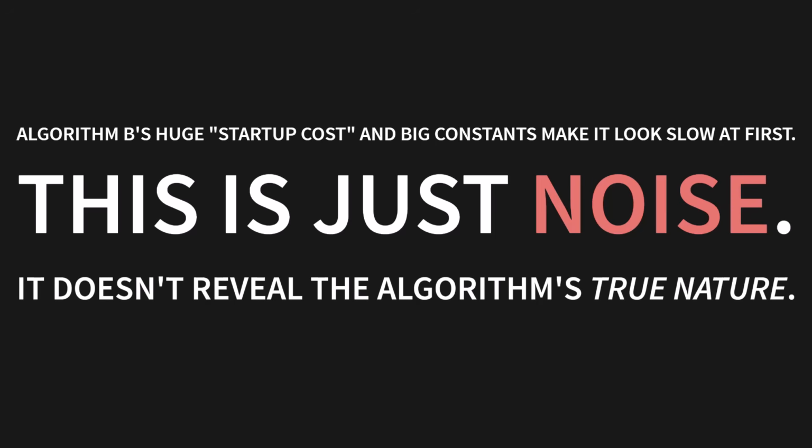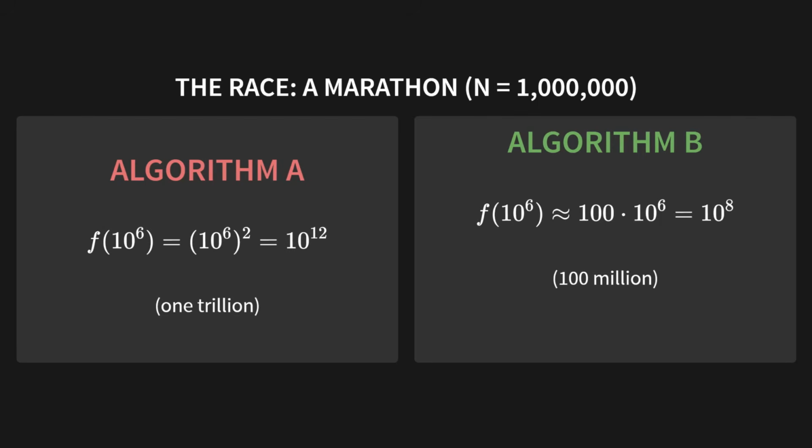But now, let's run a marathon. Let's set n to 1 million. Algorithm A, f of 10 to the 6th power is 10 to the 6th squared. That's 10 to the 12th power. 1 trillion operations.